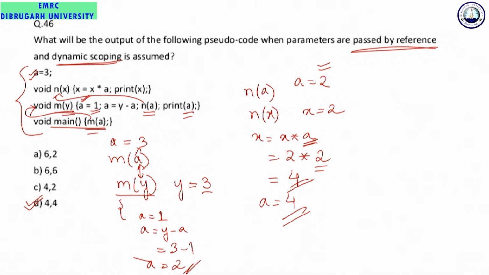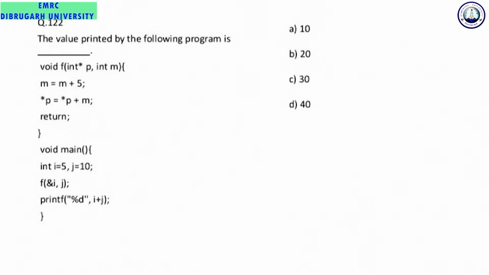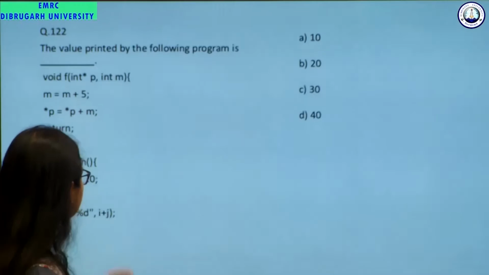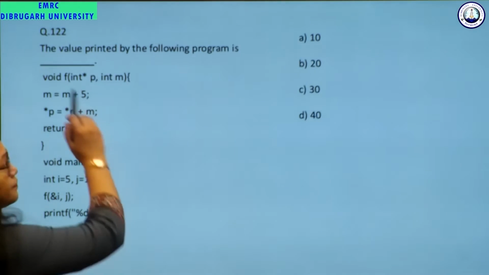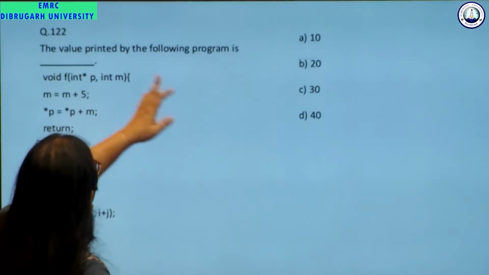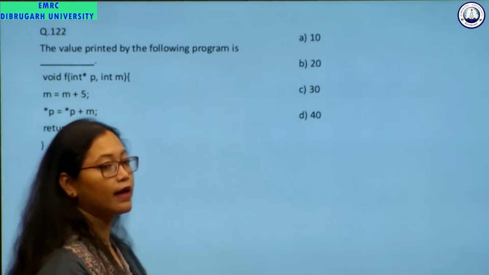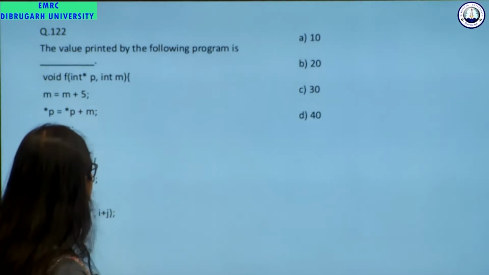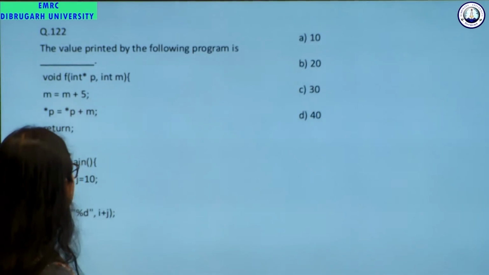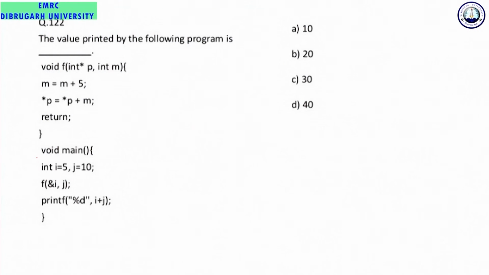And coming to the next question and the last question of this 2016. Here you can see that a program is given to us and we have to see what value is being printed. This is the main function being declared, and int i is equal to 5, int j is equal to 10, these two variables are declared.